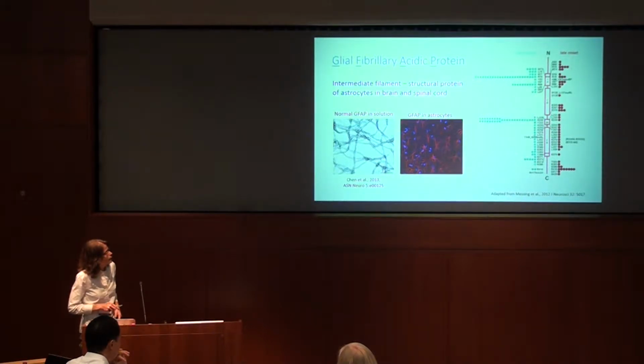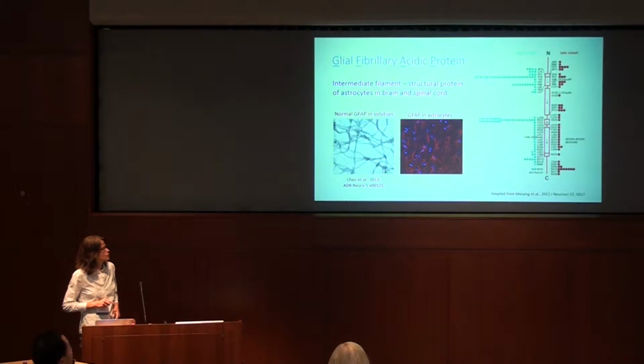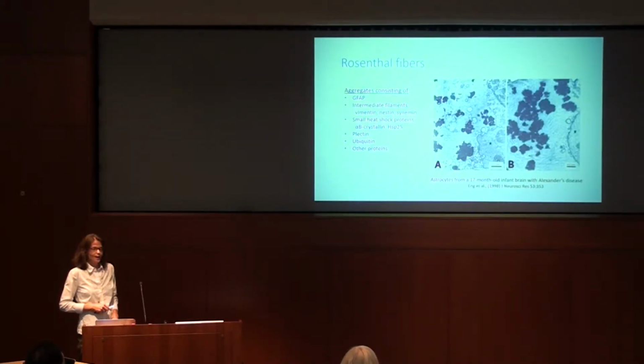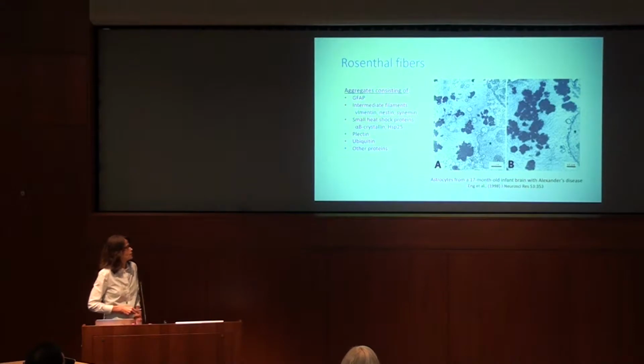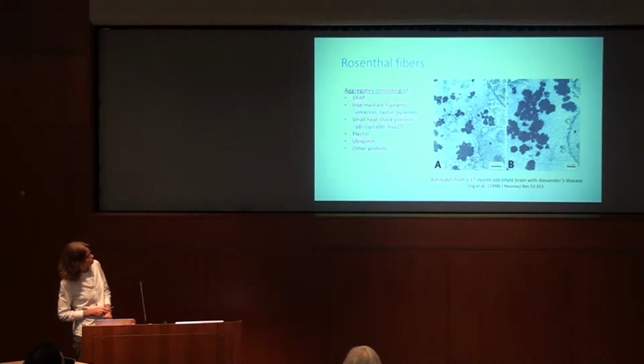And when the protein is mutated, and again these are missense mutations as Jim described, it disrupts the ability for GFAP to form these nice filaments. Not completely, they can form filaments, but they also form, I think we've heard them called blobs. I like to call them clumps.